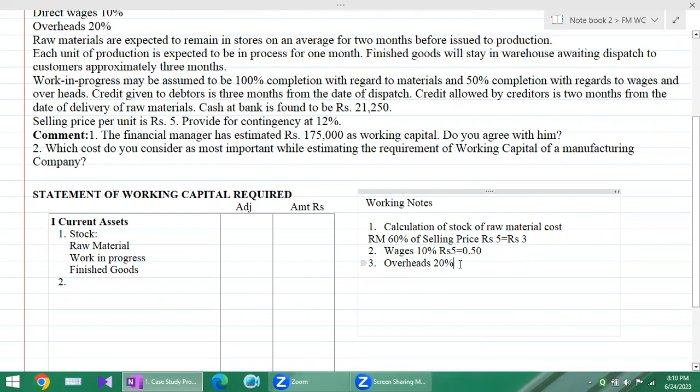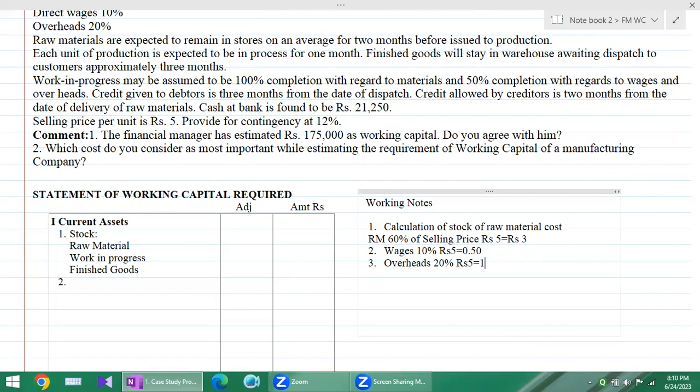Overhead is 20% of rupees 5, which is equal to 1 rupee.